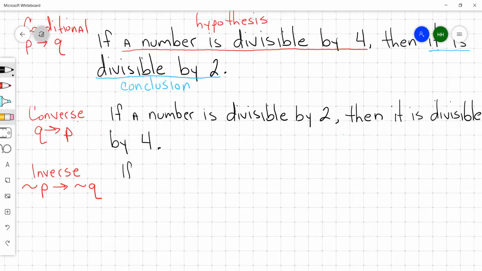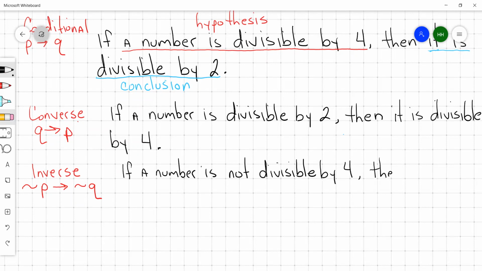So we're going to say if a number is not divisible by 4, then it is not divisible by 2.